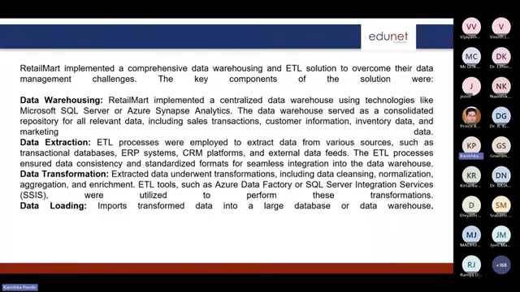So next is analysis and reporting. After we have visualized the data, we will analyze and report it to the business. So these are some of the steps used to provide a comprehensive solution to the problem statement of Retail Mart.